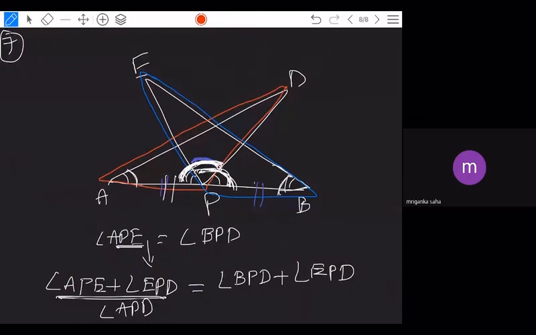So by ASA congruency, you can say that the two triangles are congruent. After the congruency, the next part is CPCT. By the CPCT, you can prove that the two parts are equal.